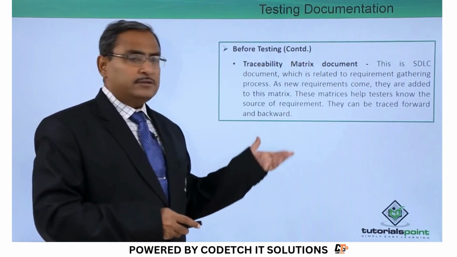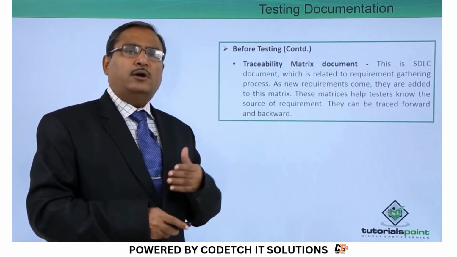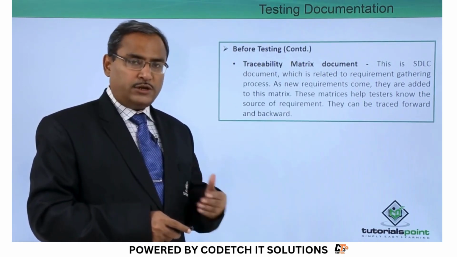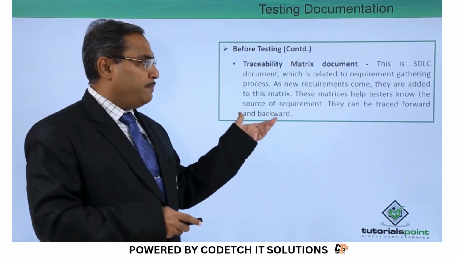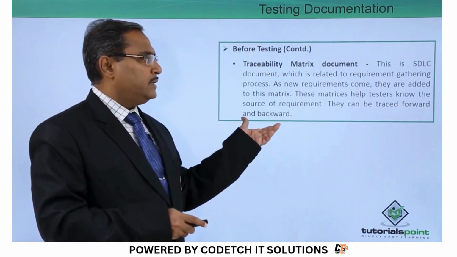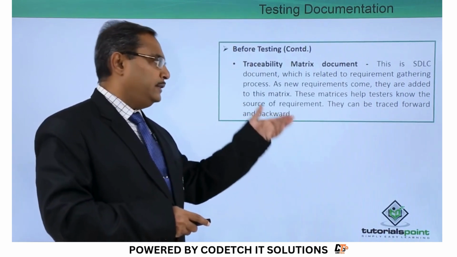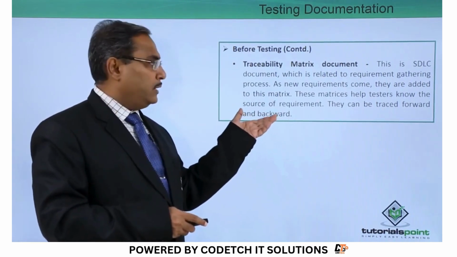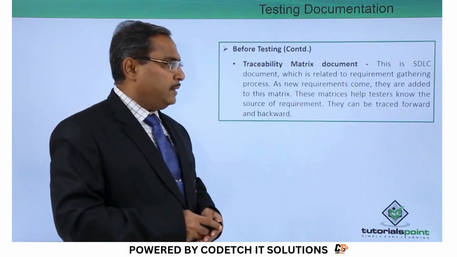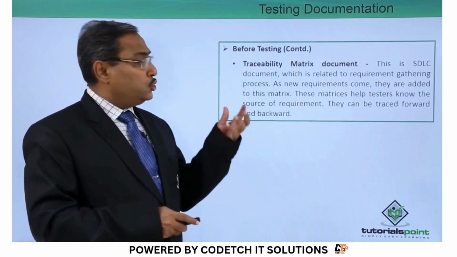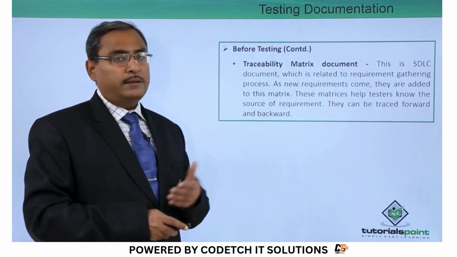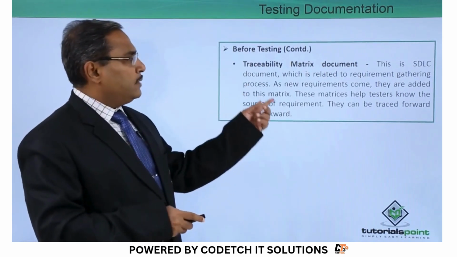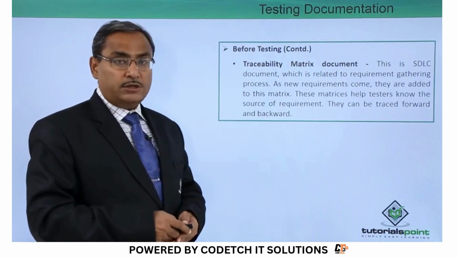All requirements we have should be mapped on this matrix, and when new requirements come, they also get added. So that is our traceability matrix document.